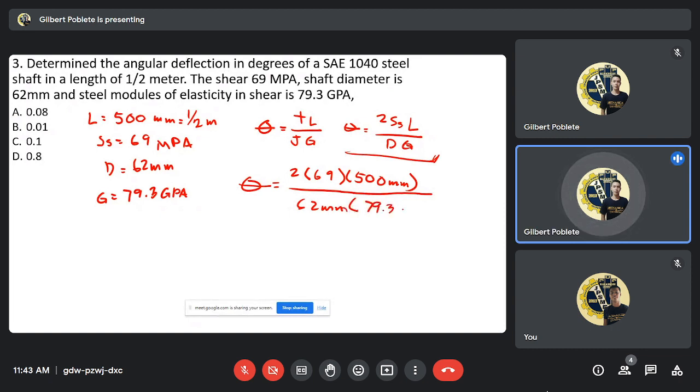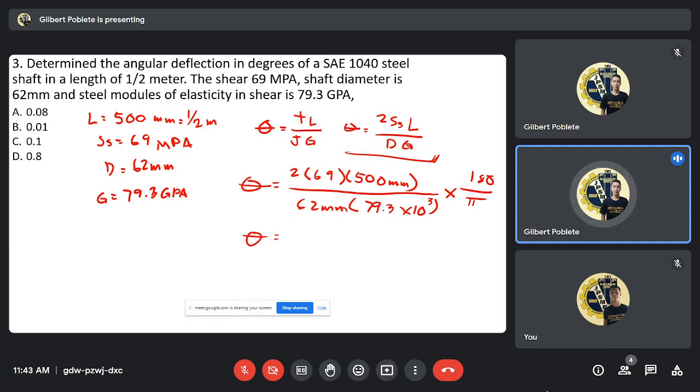So, gagawin natin siyang 10 raised to 8. Okay, so dahil dito, angular deflection ang sinabi, so ito is in rad pa. So, gagawin natin sa in degrees. So, 180 over pi natin. Tapos makuha natin yung angular deflection niya.